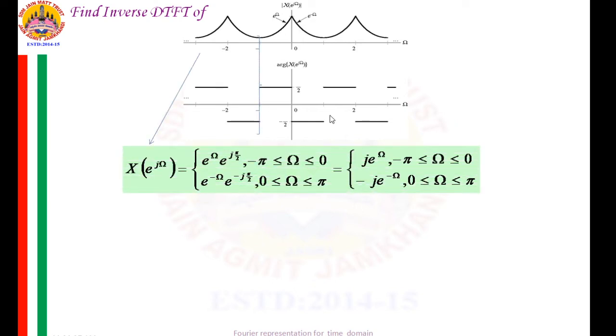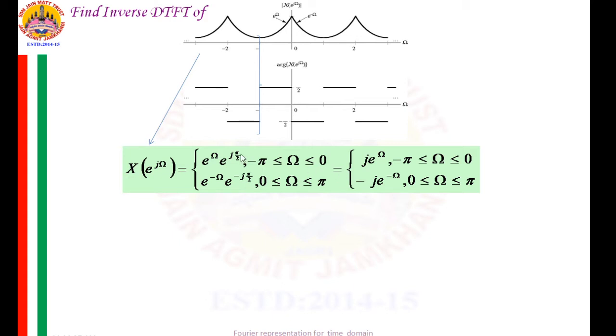So, mathematically I can write this x of e raised to j omega as r, e raised to omega into e raised to plus j pi by 2 for omega varying from minus pi to 0 and e raised to minus omega e raised to minus j pi by 2 for omega varying from 0 to pi.